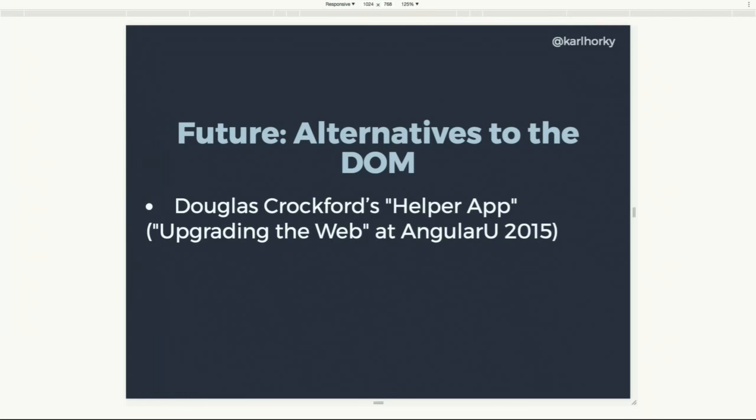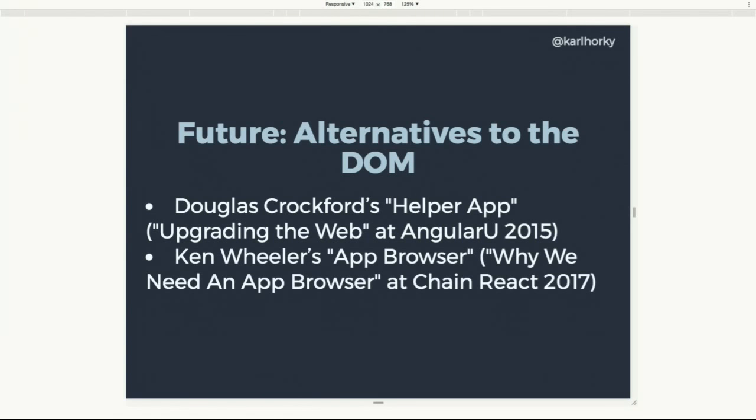For instance, Douglas Crockford, in 2015, proposed a way of dealing with things called a helper app. This was so that people could move off of the existing web onto a new kind of web. Basically you have this DOM model and maybe you want to get rid of it. How do you get rid of it?